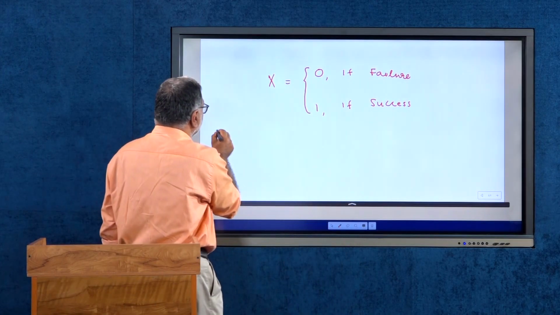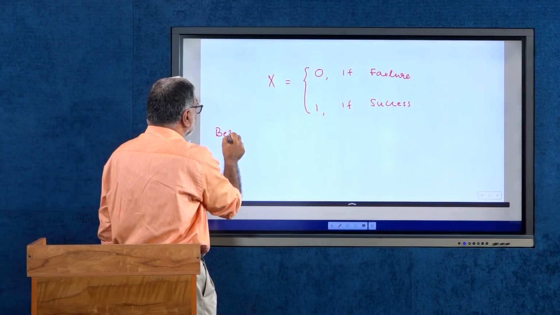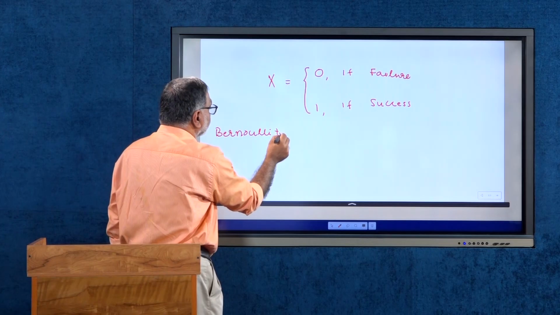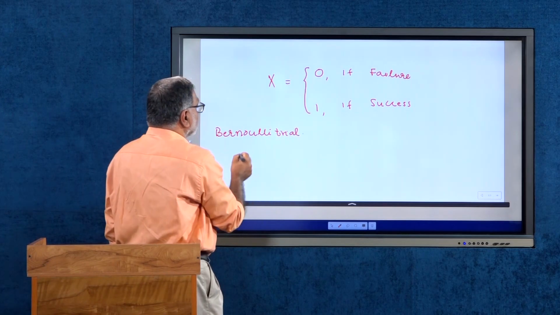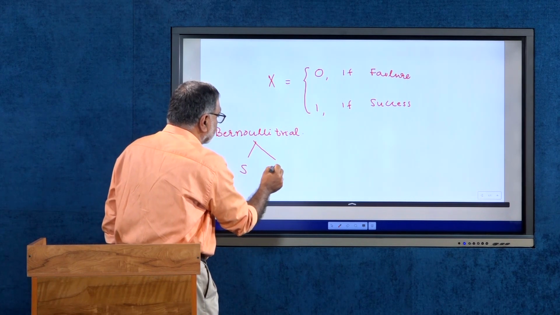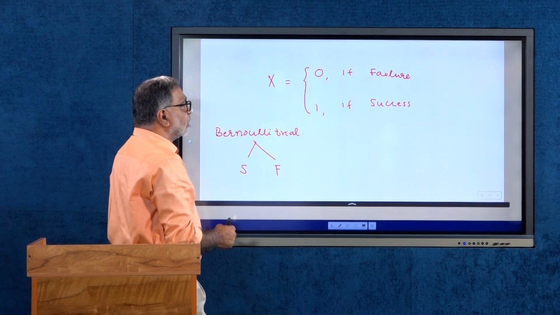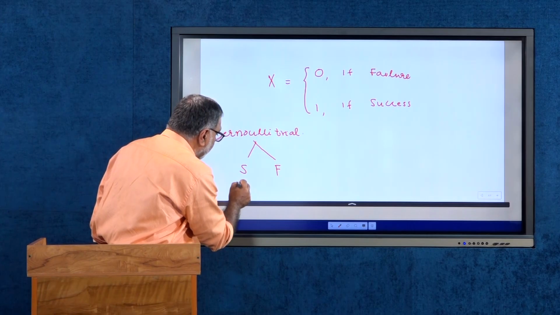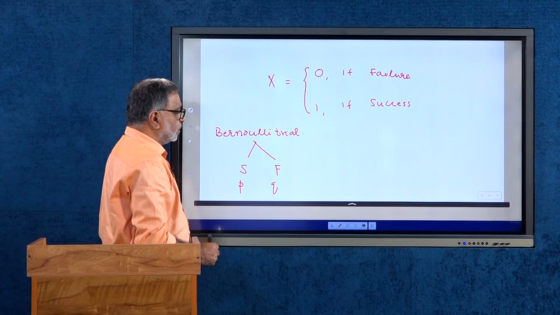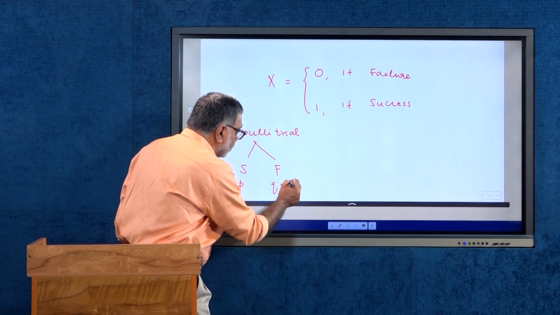So, in the Bernoulli trial, only 2 possibilities, it may be either success or failure. Let p be the probability of getting success, and q the probability of failure, and q is of course 1 minus p.